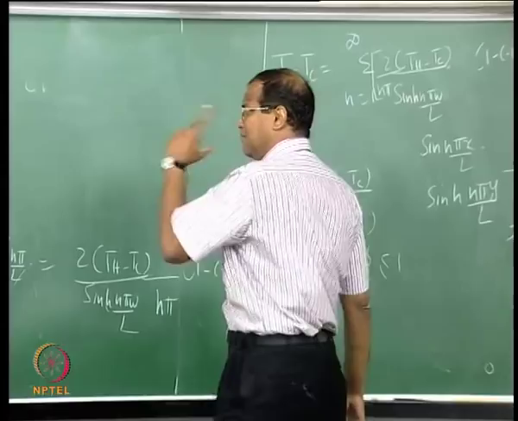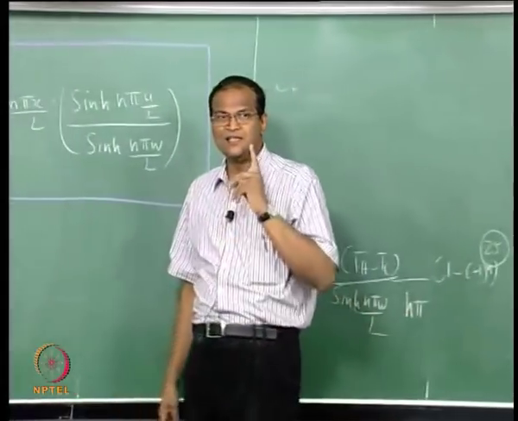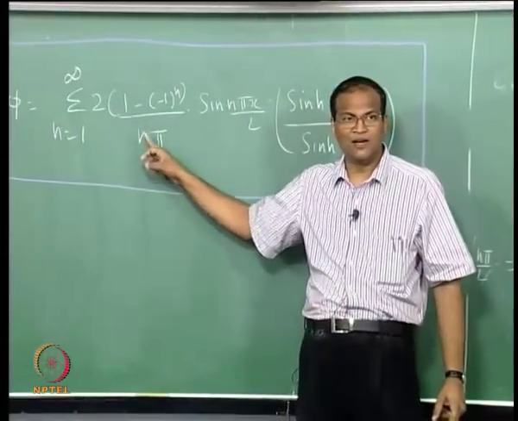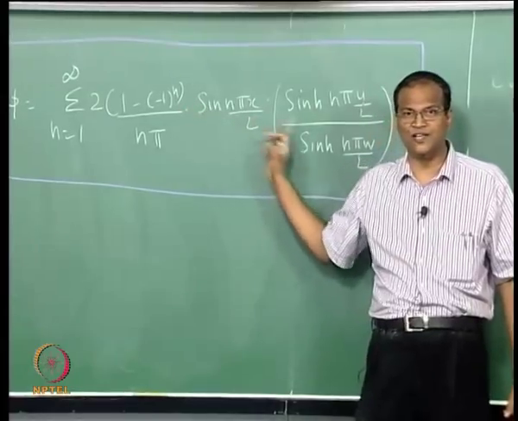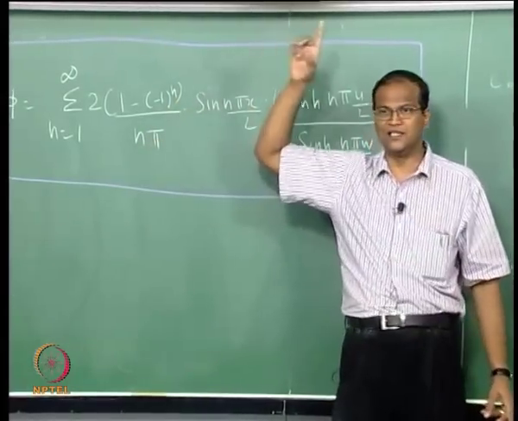Okay. The other most important thing is, since n is in the denominator and with increasing n the contribution of the various terms will decrease, it will be a convergent series.